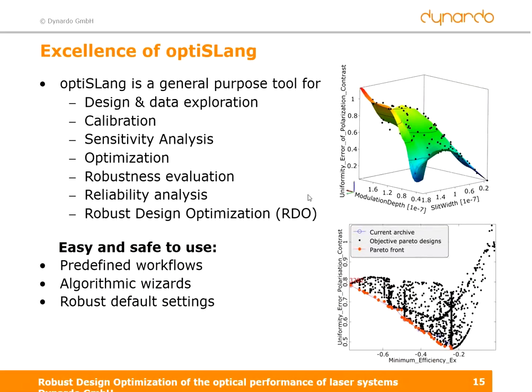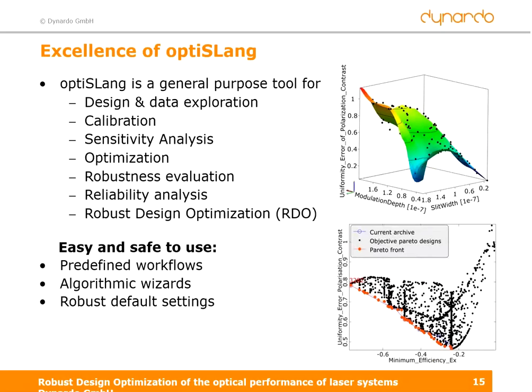So our tool, optiSLang, is for general purposes, especially in the field of design and data exploration, calibration, sensitivity analysis, optimization, robustness evaluation, reliability analysis, and the whole thing is called robust design optimization.